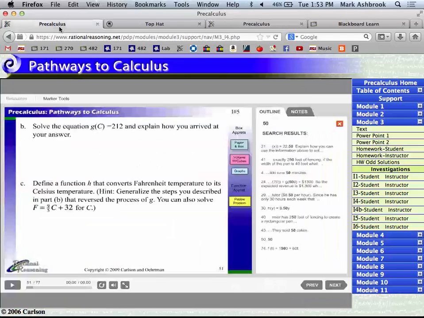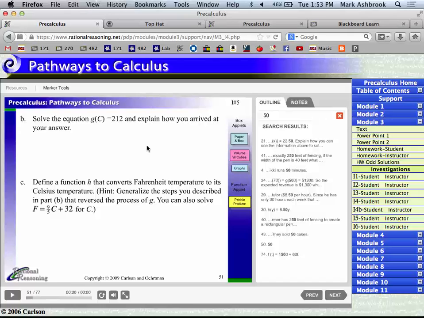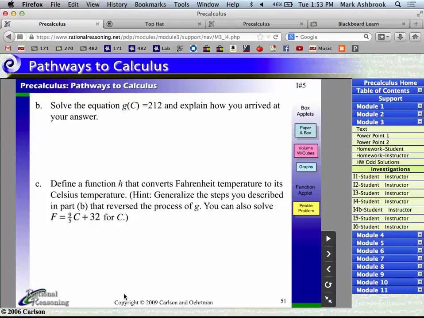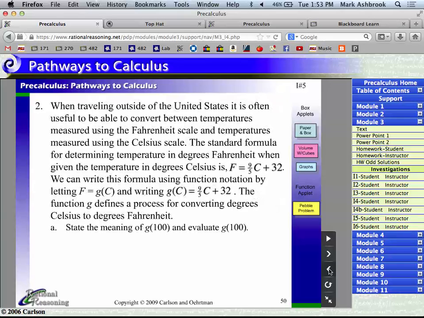All right, so let's advance the conversation here. Here's this explanation, on page 102 if you want to read it. It says, when traveling outside the United States, it's often useful to be able to convert between temperatures.